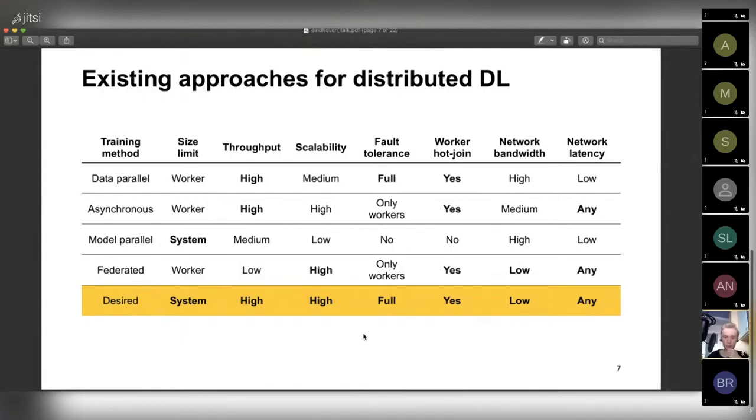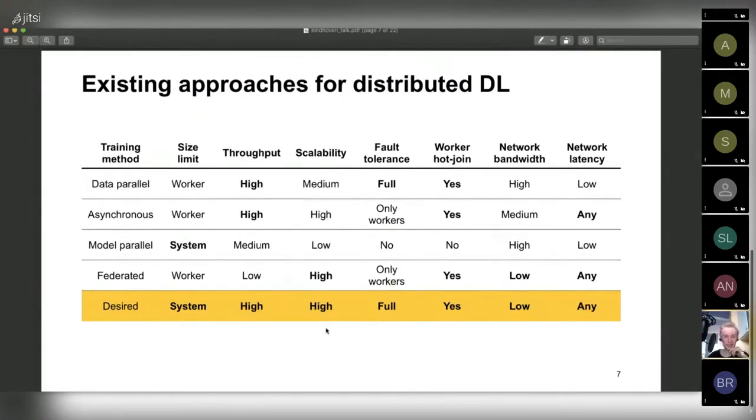And you also do not support any hot join capabilities for your network. I just want to point out that what we've been discussing before this talk is the first row. So that's exactly the model that we've been discussing.